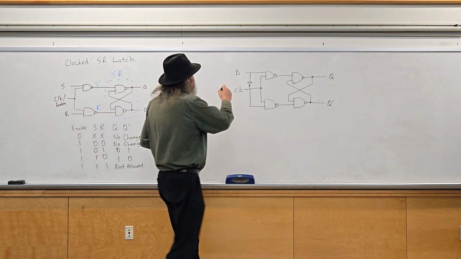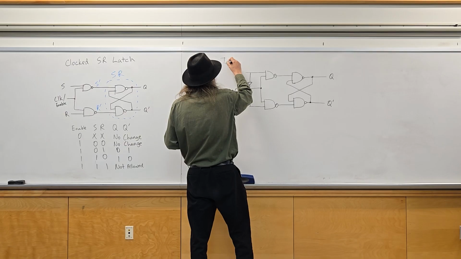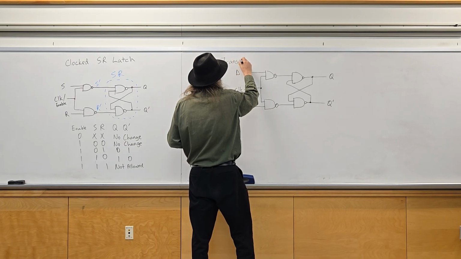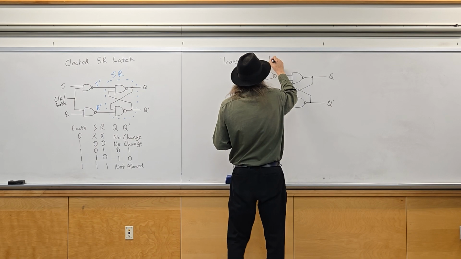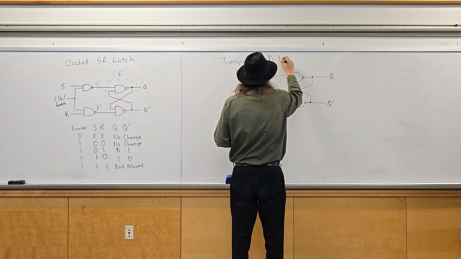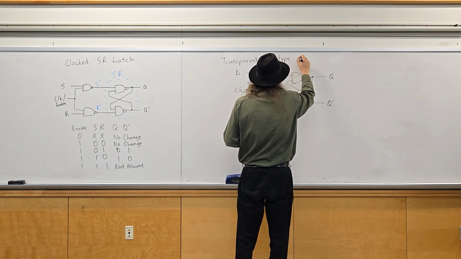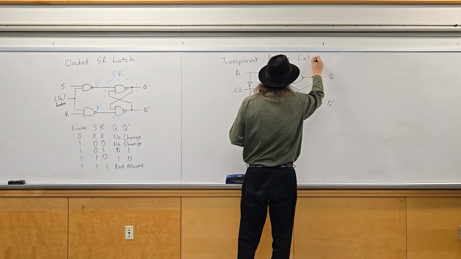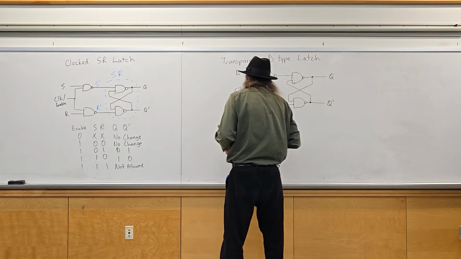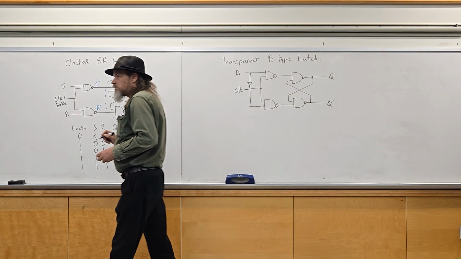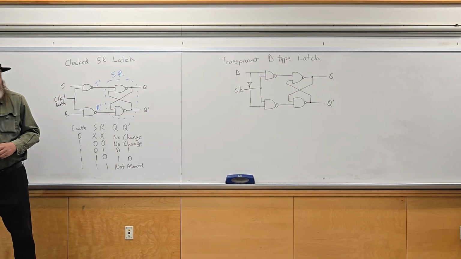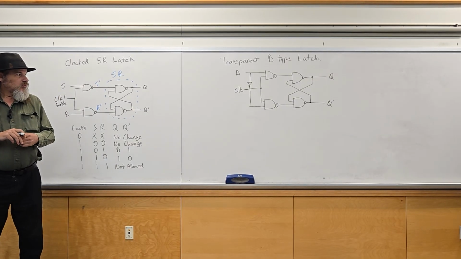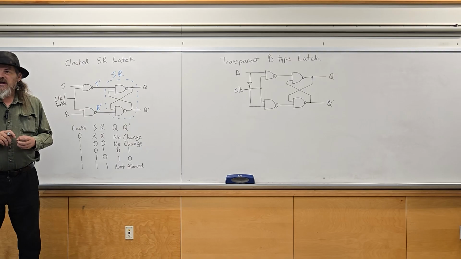This is called a transparent D-type latch because it stores data on your outputs when the clock is low, when the enable is low.